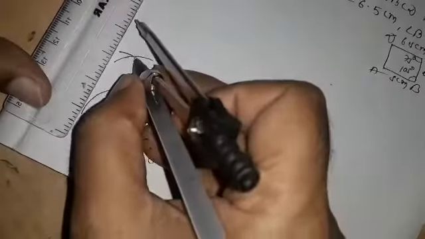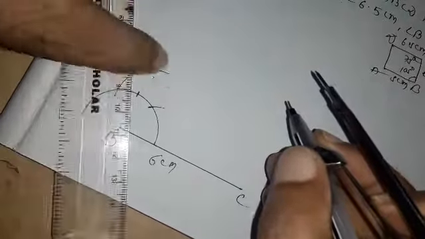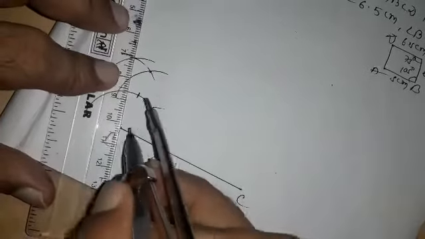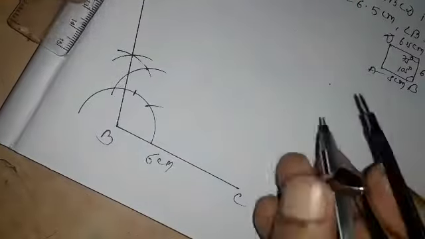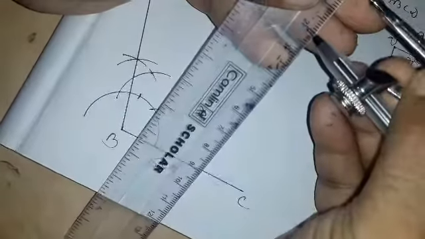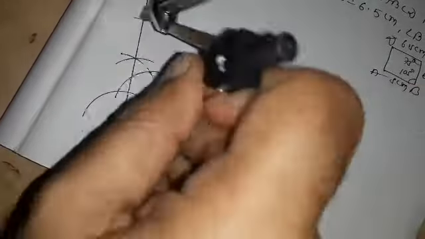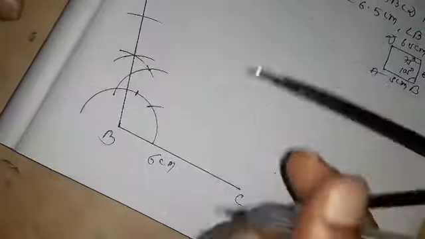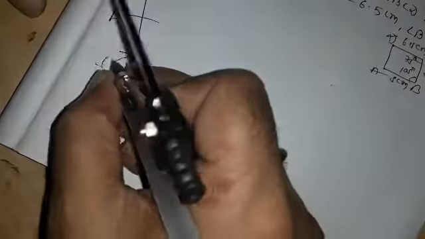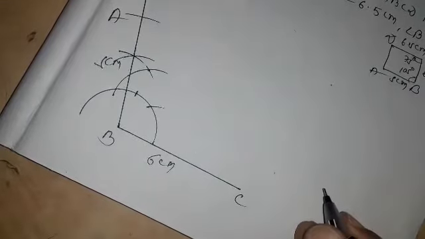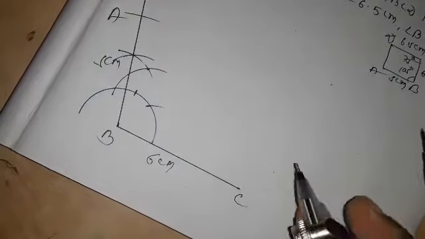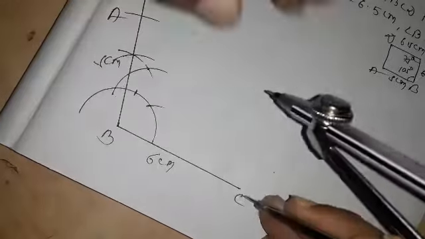This is 105 degrees. Now AB is of length 5 centimeters.